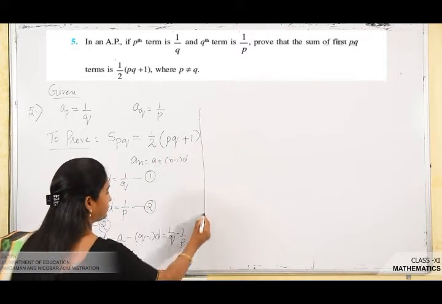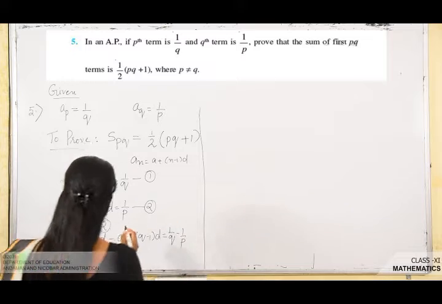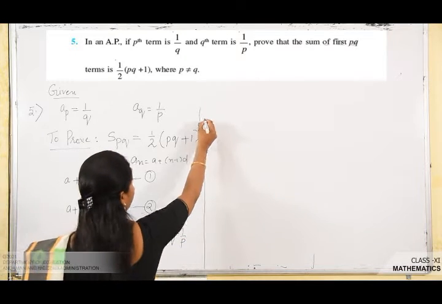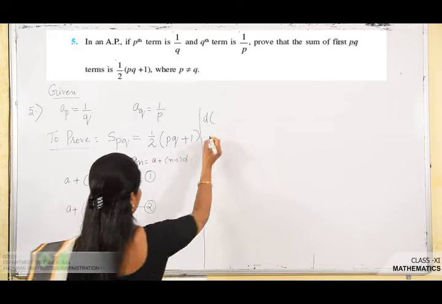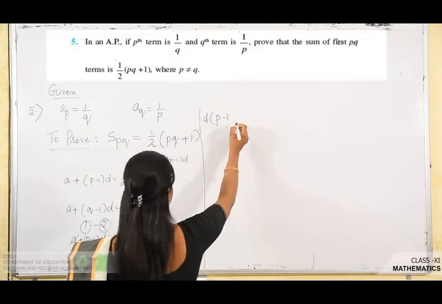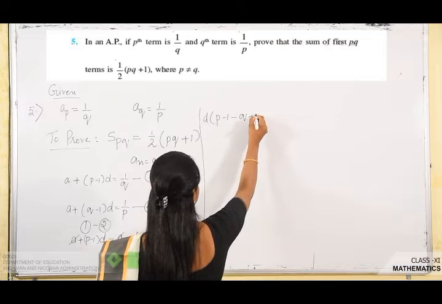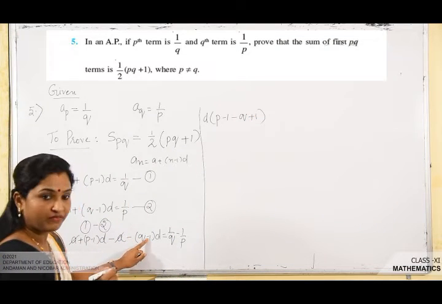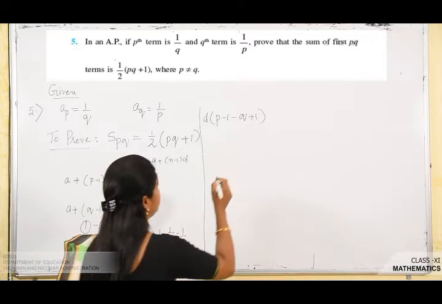In the next step, you'll see the a cancels out, so you can take d common. When you take d common, you get p minus 1 minus q plus 1. Why is it plus 1? Because the minus gets multiplied with the minus sign and you get plus 1.